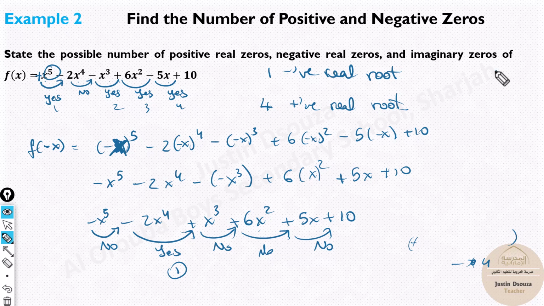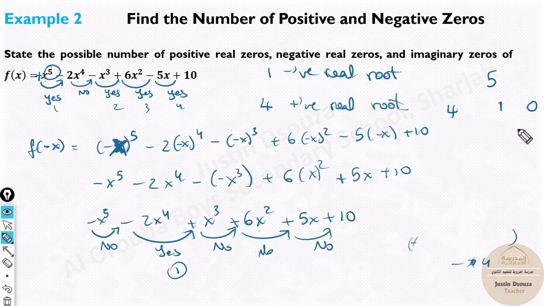So it can be maximum 5 and we have 4 positive real roots and 1 negative real root. How many imaginary? 4 plus 1, 5. Already it's done. So there will be 0 imaginary. But there is a thing. You can have imaginary roots as well.